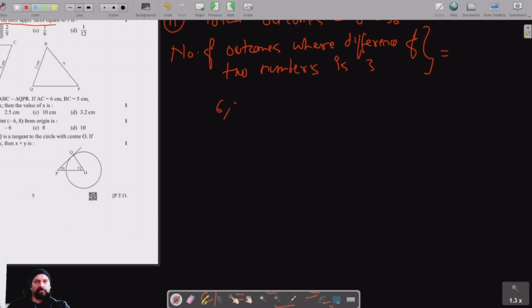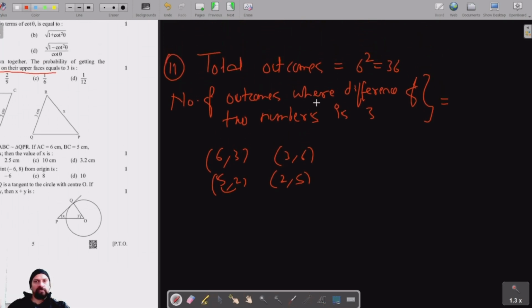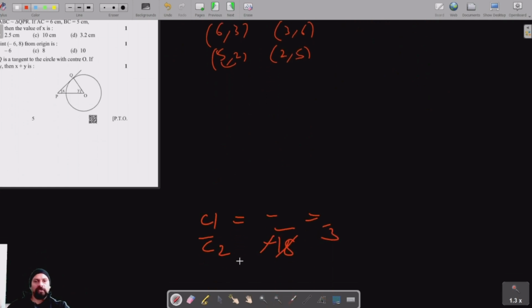So the first one is 6, 3 and 3, 6. Next one is 5, 2 and 2, 5. So 5 minus 2: 5 on the first die and 2 on the second die, or 2 on the first die and 5 on the second die. It doesn't matter because it's not mentioned whether it has to be the first or the second, so we'll consider both.